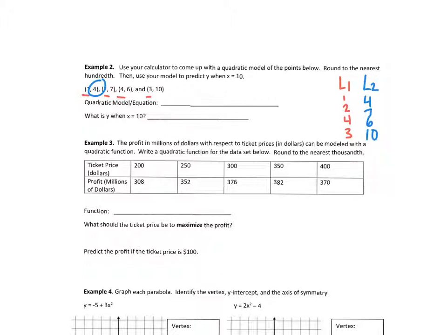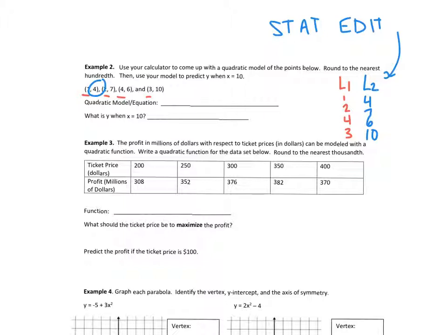I press stat on my calculator, edit, and put these into L1 and L2. I'm going to do that right now. So I do stat, edit, and then put 1, 2, 4, 3, and then in L2 I'm going to put 4, 7, 6, 10.